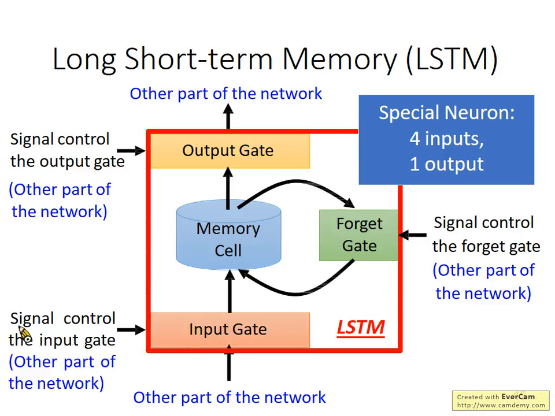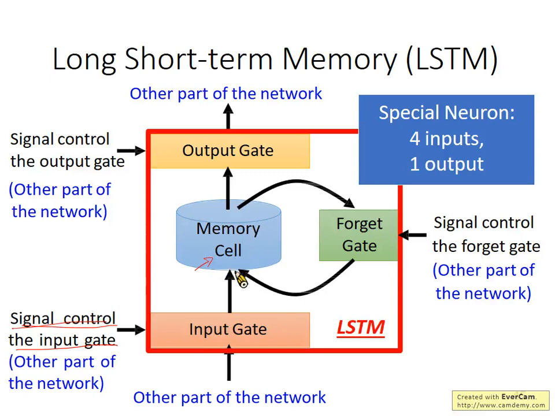There is a signal coming from outside of the memory cell to control whether the input gate is open or not. If the input gate is open, then the input signal can be input to the memory cell. And originally, there should be some information in the memory cell.